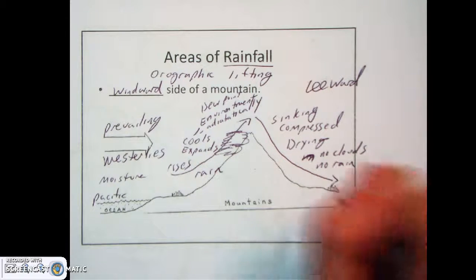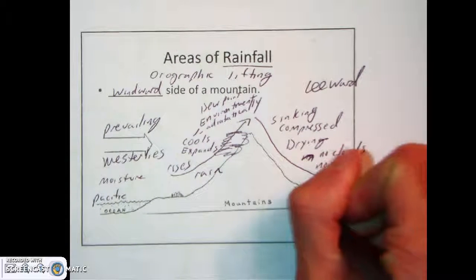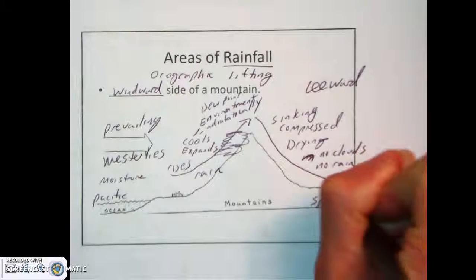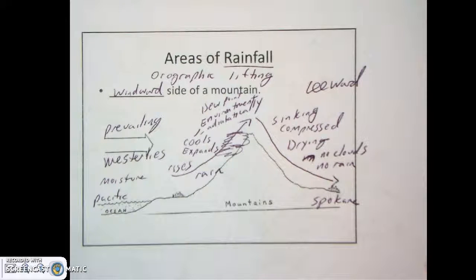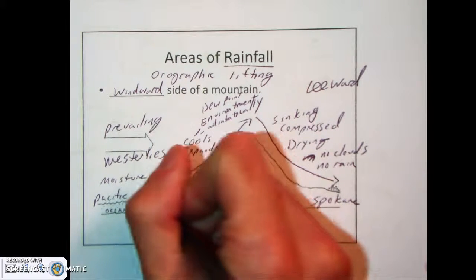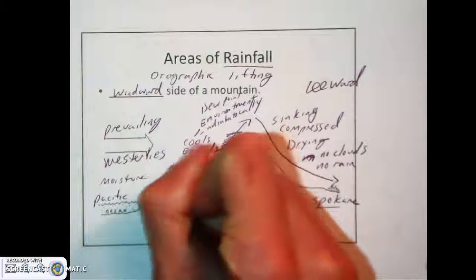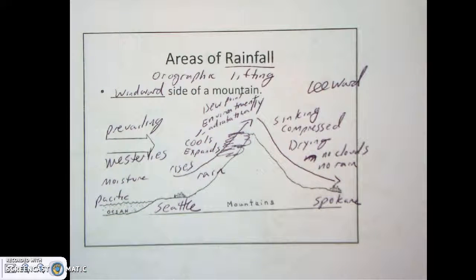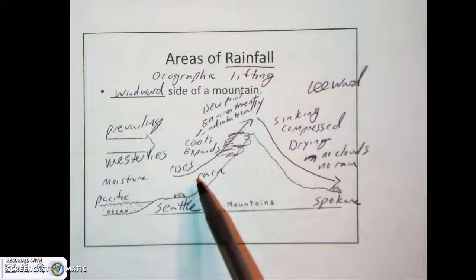If it's for the Pacific Northwest, this might be a city like Spokane, which is essentially a desert-like environment. Whereas on the Pacific side of the mountain, you might have a location like Seattle. I'm sure most of you are familiar with the idea that Seattle gets a lot of rain, and this is why. The wind comes off the Pacific and gets forced up into the mountain.